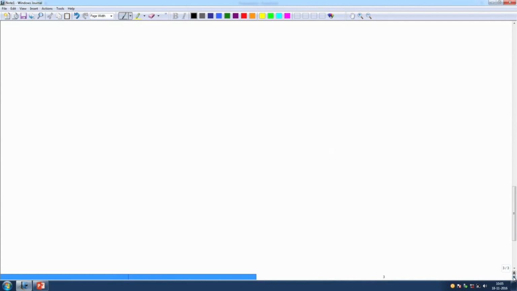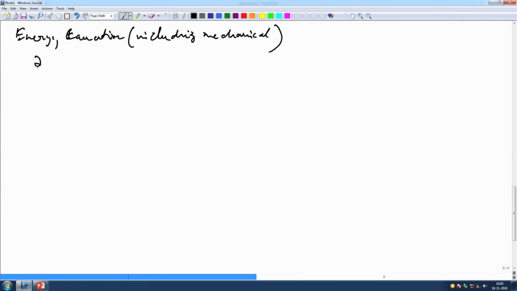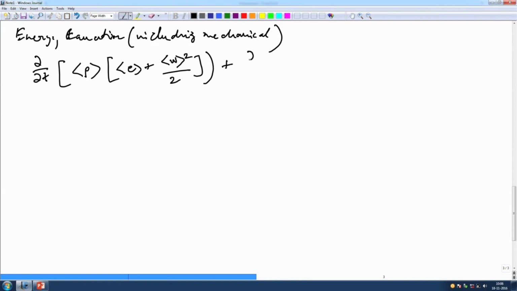Based on this, we know already what the momentum equation looks like. So, the energy equation, I am writing the energy equation including the mechanical energy term.